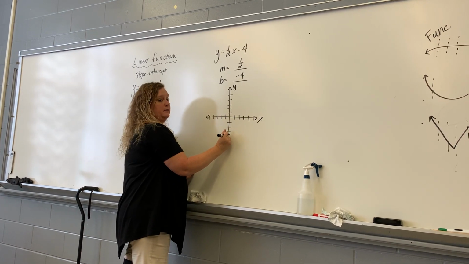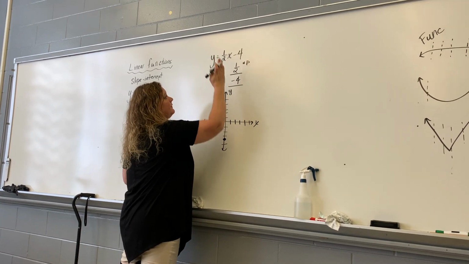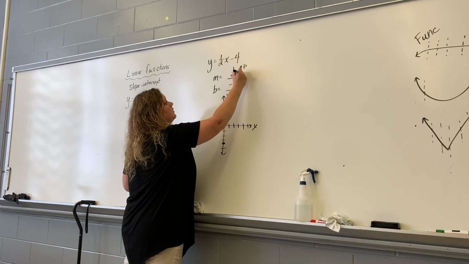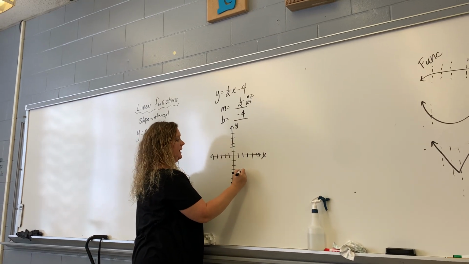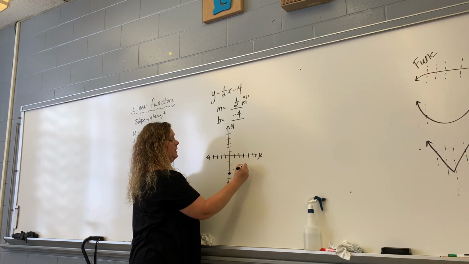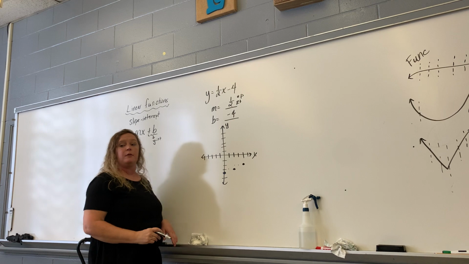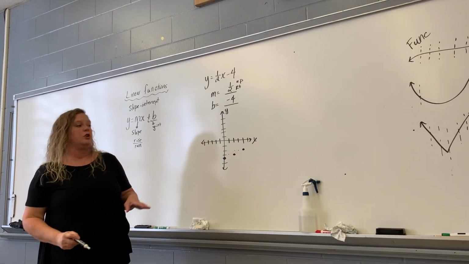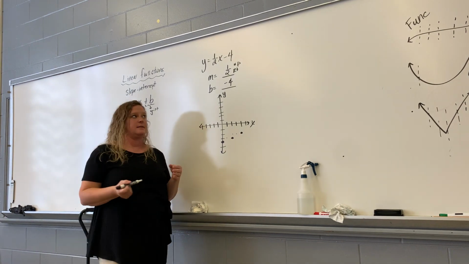From that dot, I count the slope. 1 up, remember it's rise first, then run. 2 to the right. So I'm going to go up 1, 2, right. And I can keep doing that, up 1, 2, right. And I still end up with points on that line. Now if you run out of graph space, you can go the other direction. You just have to think through the process.